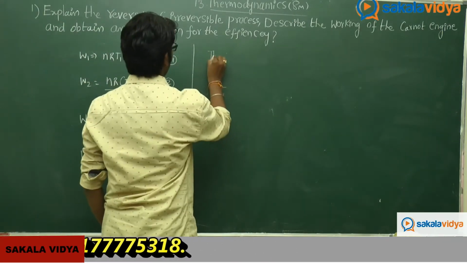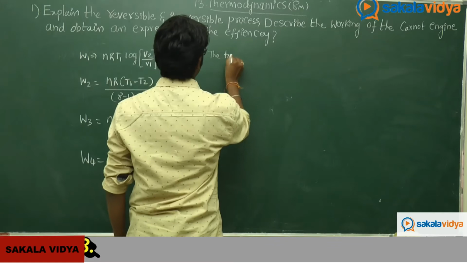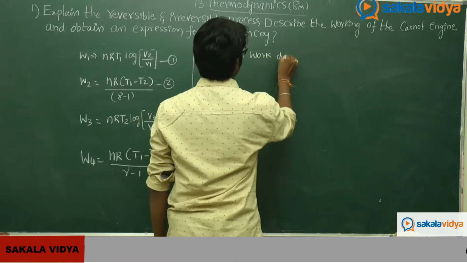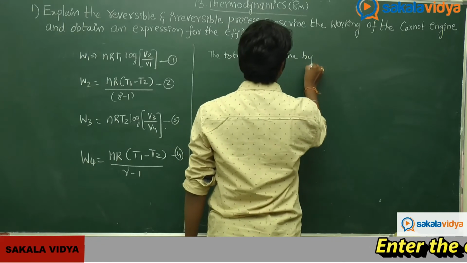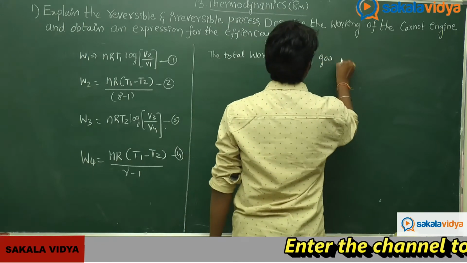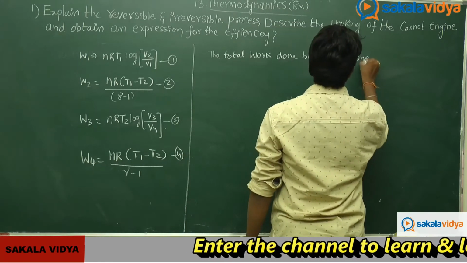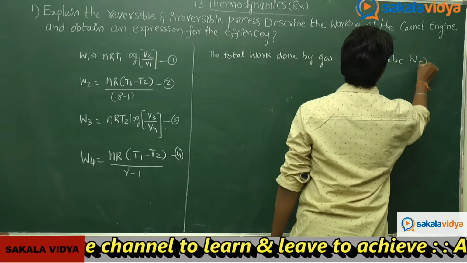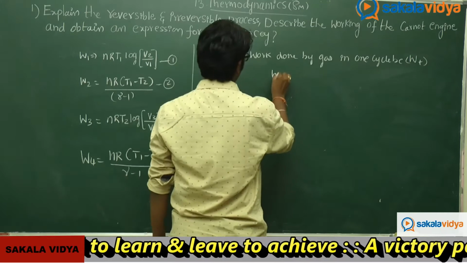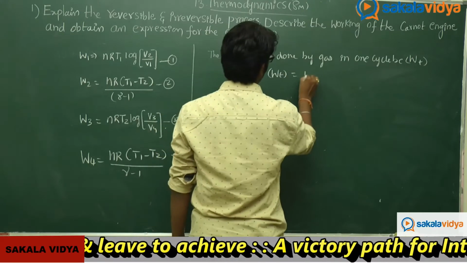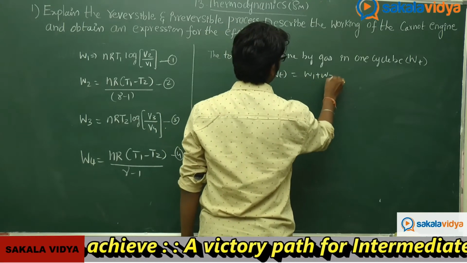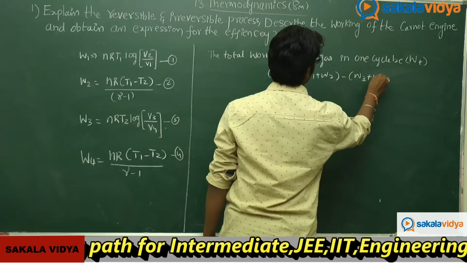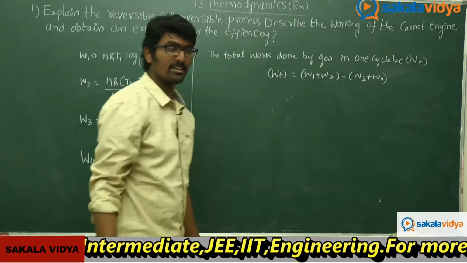The total work done by the gas in one cycle be W suffix T, which means W_T is equal to W1 plus W2 minus W3 plus W4. Is it clear?